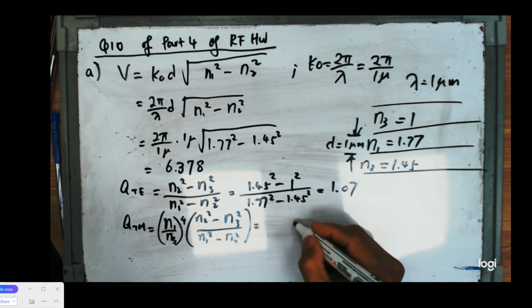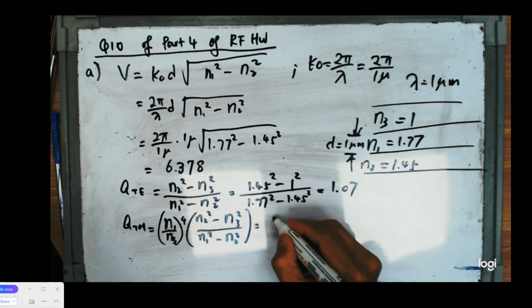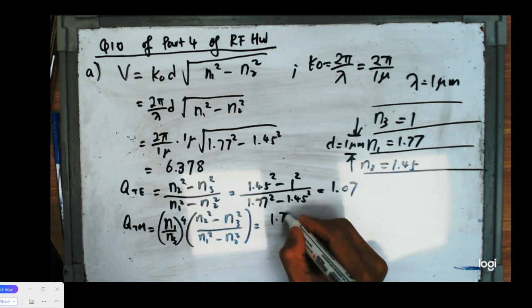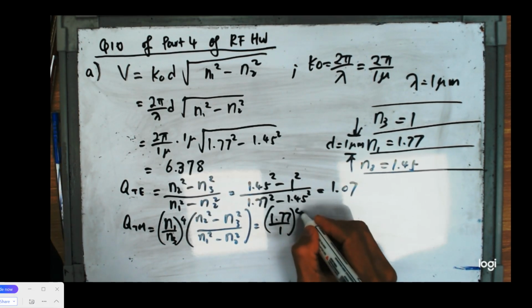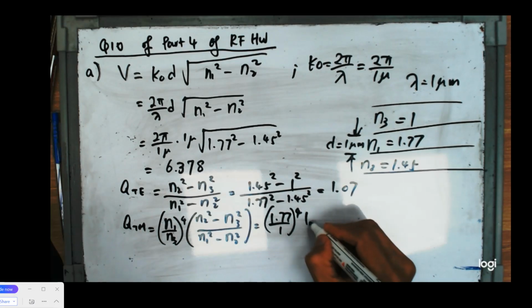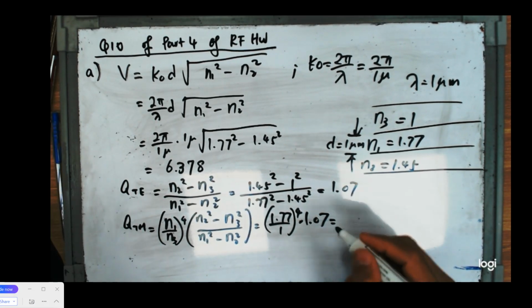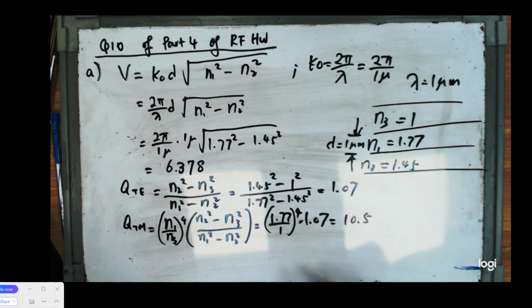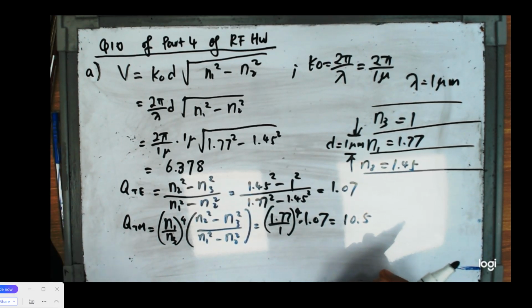So if you do that, it will be 1.77 to the power 4 times 1.09. By my calculation here, I got 10.5. So this is the answer for part A of the question.